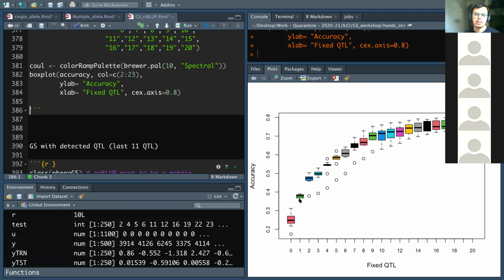Dr. Rex Bernardo suggests in one of his papers that you should try to use QTLs as fixed variables just when they explain more than 10% of the phenotypic variance. If they explain less than that, they can reduce the prediction accuracy.